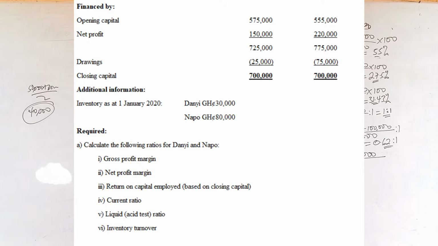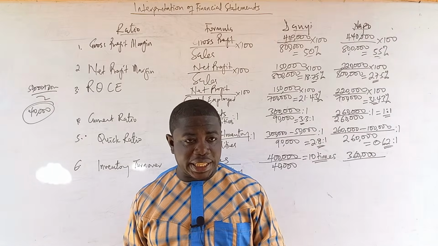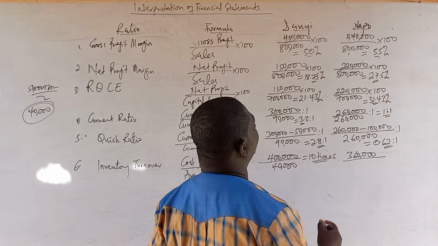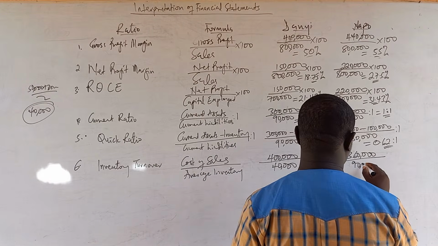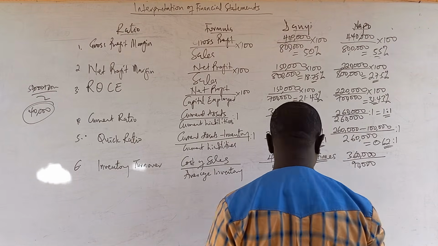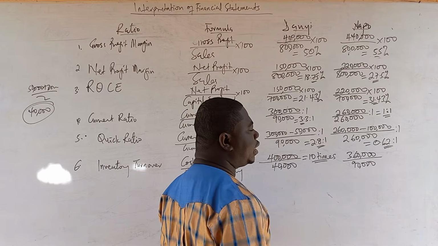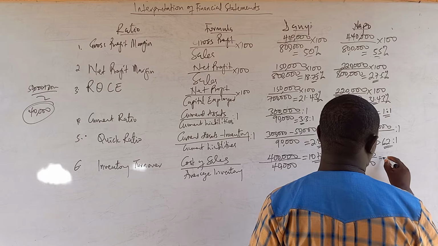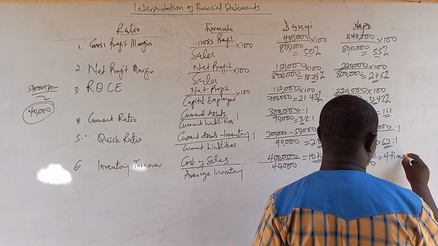If you add 80,000 and 100,000, it's 180,000. If you divide by 2, it's 90,000. So the average inventory of NAPO is 90,000 Ghana cedis. And so 360,000 over 90,000 gives us 4. So that is 4 times.